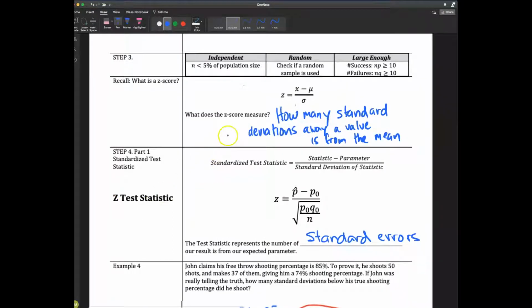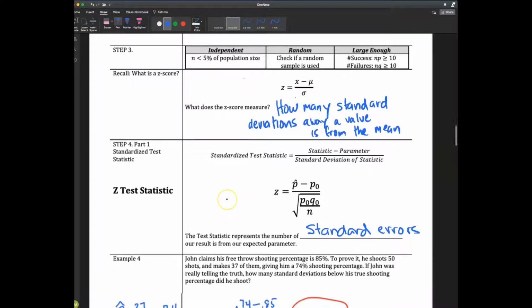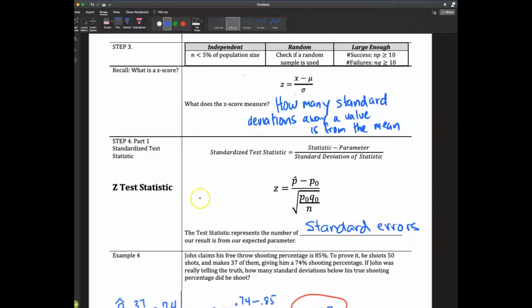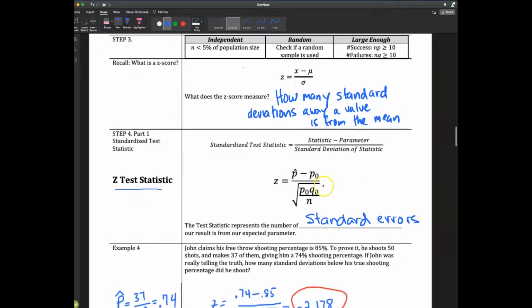A z-statistic, test statistic, is similar to a z-score, where a z-score measures how many standard deviations away a value is from the mean, right? X minus mu divided by the standard deviation. For a hypothesis test, when we're calculating a test statistic, we're going to calculate how far the sample proportion is from the population proportion, and then divide by the standard error.